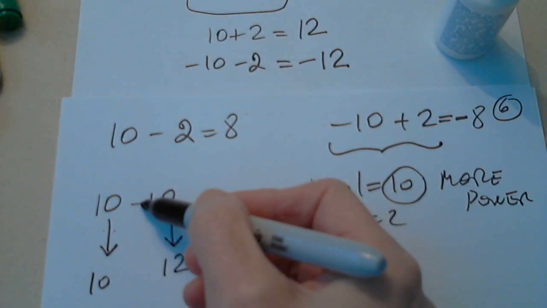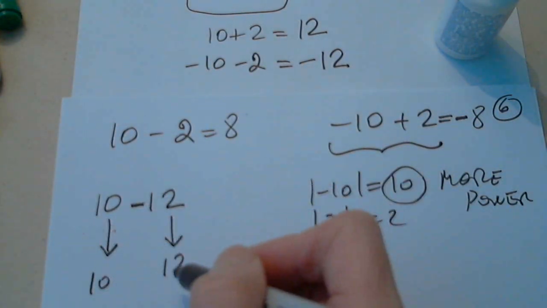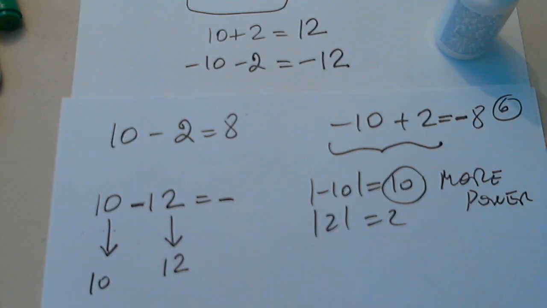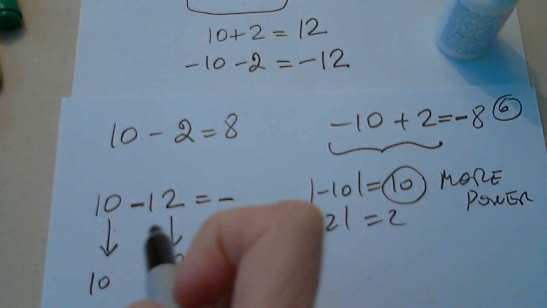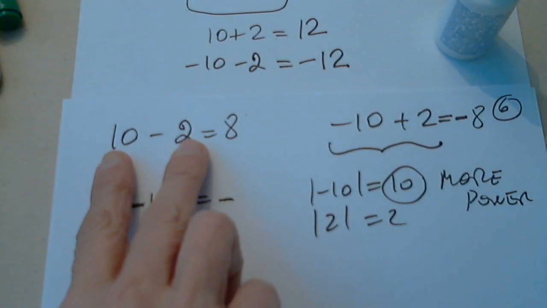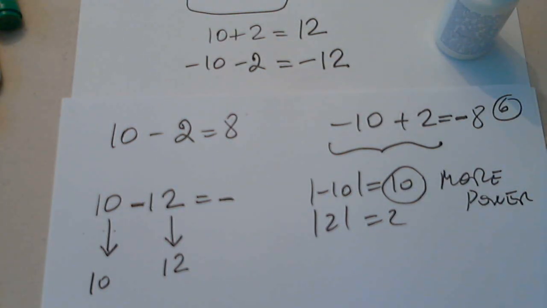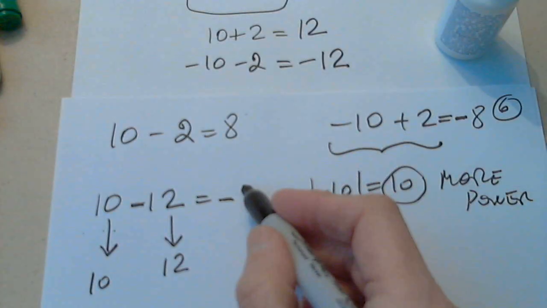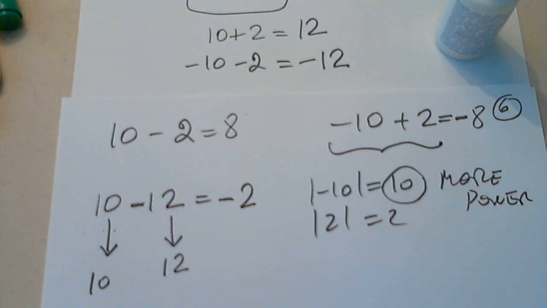But because 12 has a negative in front and it's more powerful than 10, the outcome will be negative. Okay, so the more powerful number is the one with the higher absolute value? Exactly. Those dictate in situations in which numbers have opposite signs. And that's why this will be -2. Yes, excellent.